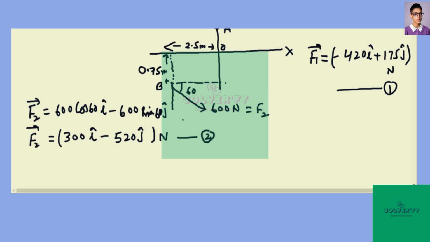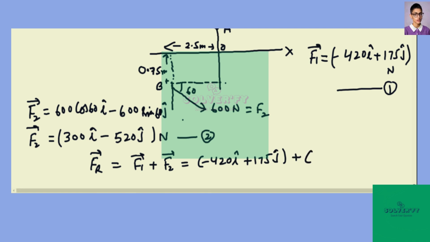Now resultant force of F1 and F2, we are substituting the value here. So we will find it is to be negative 420 i cap plus 175 j cap. F2 value substitute 300 i cap minus 520 j cap.